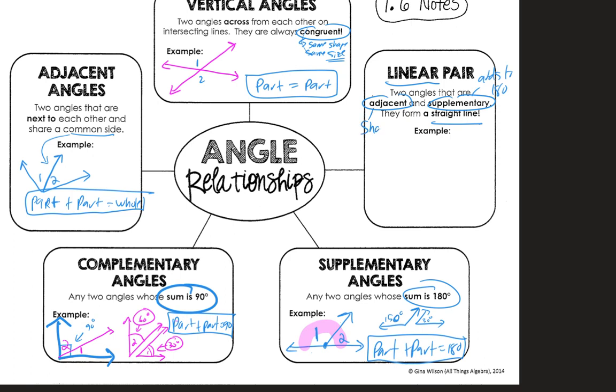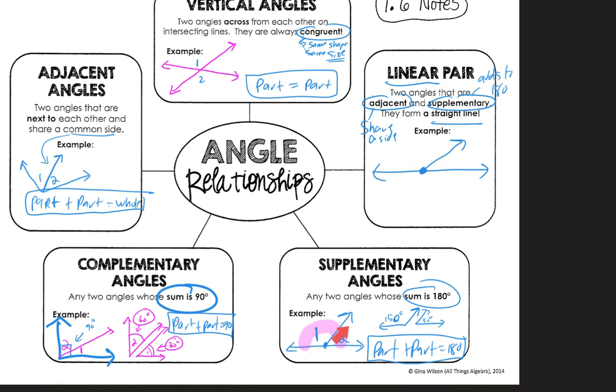So a linear pair, if it's on a straight line, like we talked about, supplementary, and adjacent, sharing a side, that means it would be like this if I just did something like that and then I did that. So, a ray. They're on a straight line like we talked about.